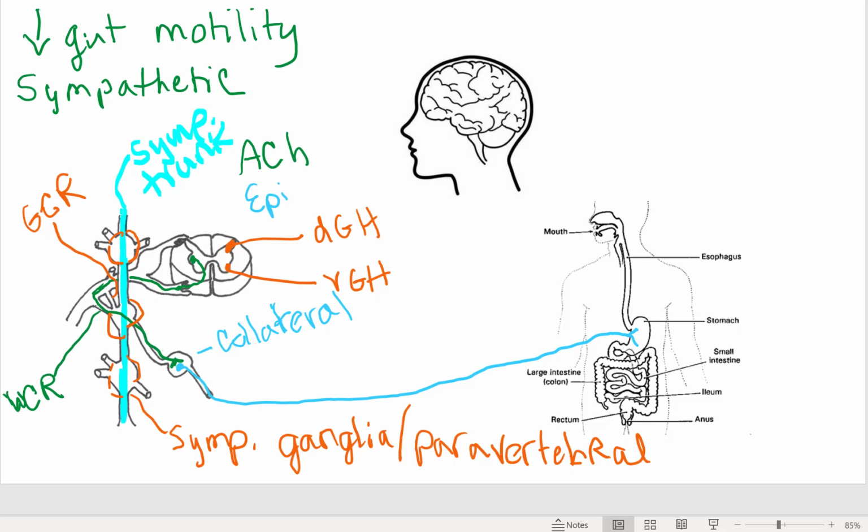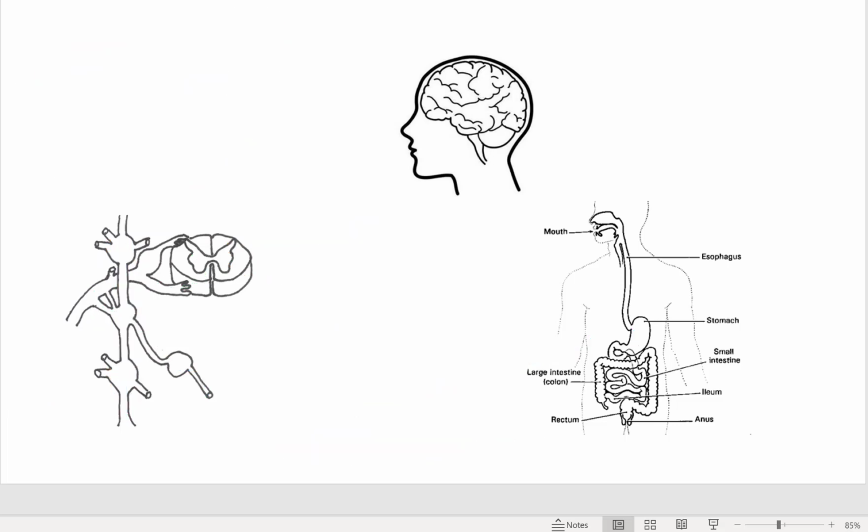Okay. Same picture. Now I am going to show you increased gut motility, which would be parasympathetic.